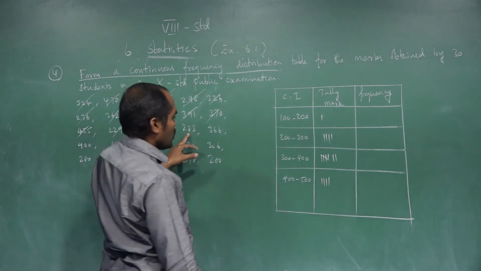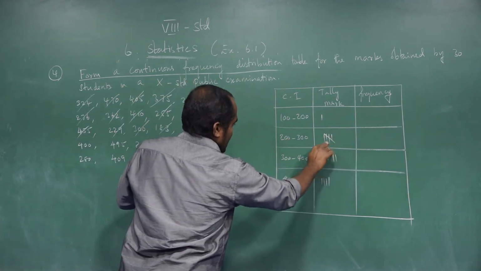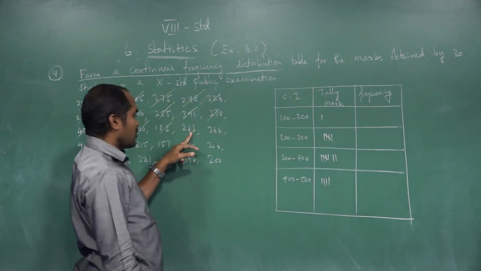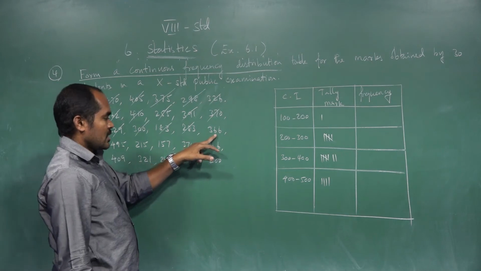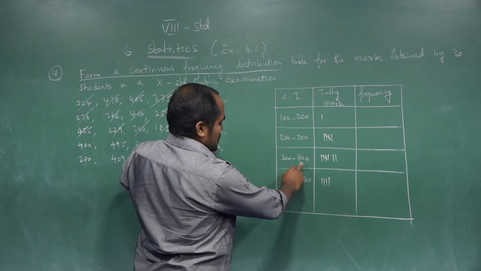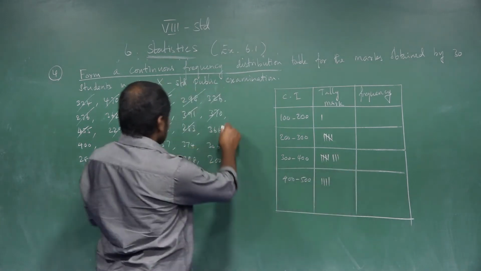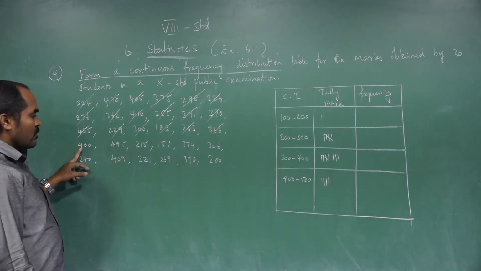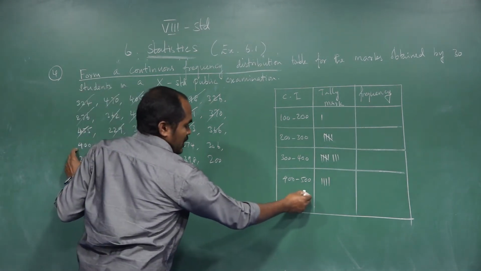283 lies between 200 to 300. So draw one cross line that denotes totally 5. Next, 366 lies between 300 to 400. So right here, one line. 400 lies between 400 to 500.